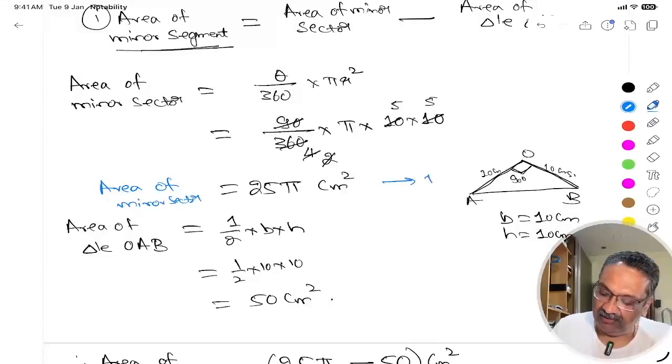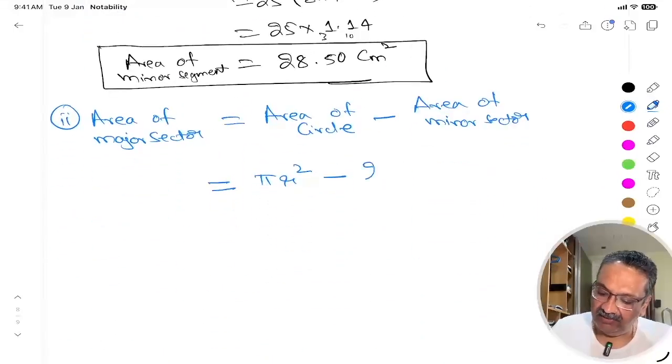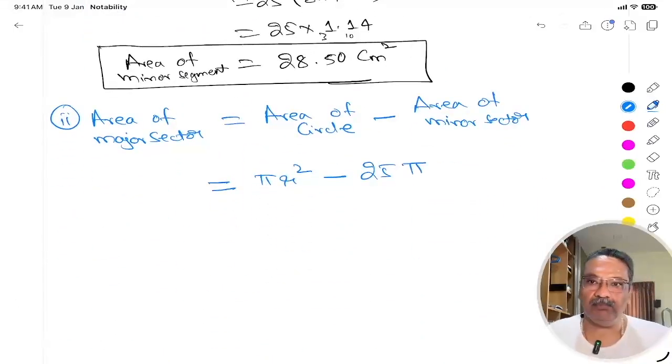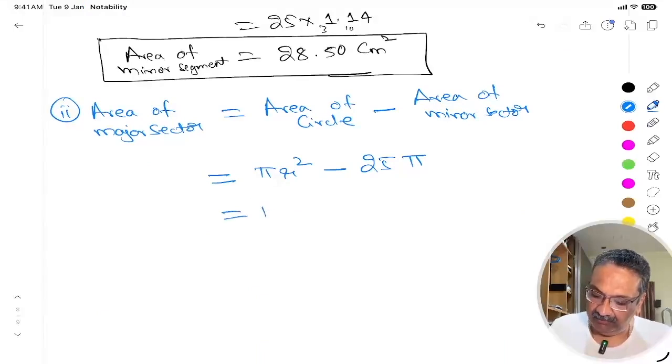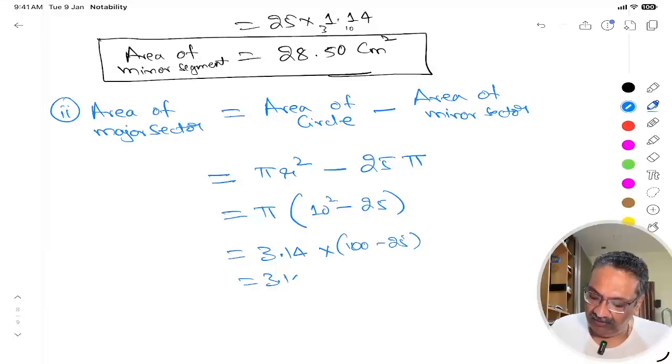I will call this as 1. From 1 we take this as 25 into pi. Alright, so now I will take pi common. R square is 10 square minus 25, which is equal to 3.14 into (100 minus 25), which is equal to 3.14 into 75.